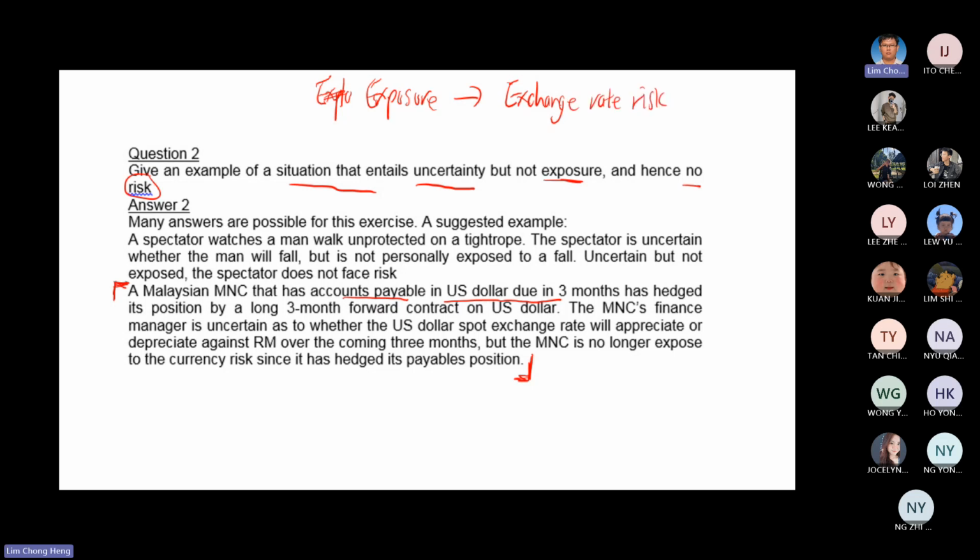The company also has the uncertainty on the exchange rate fluctuation. So now, how do we let this company have uncertainty but no exposure?